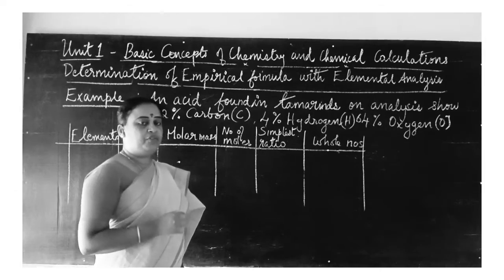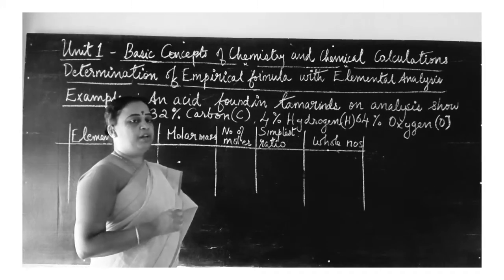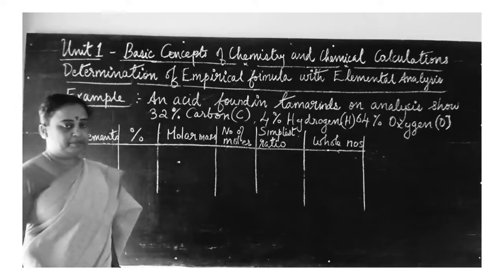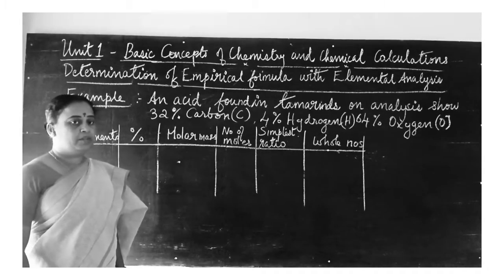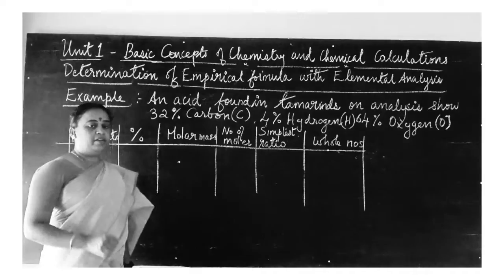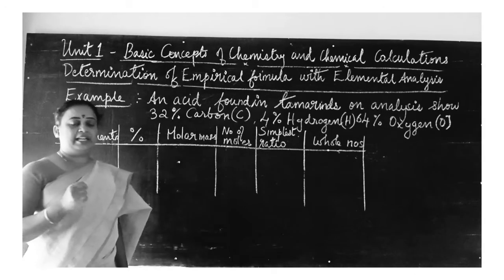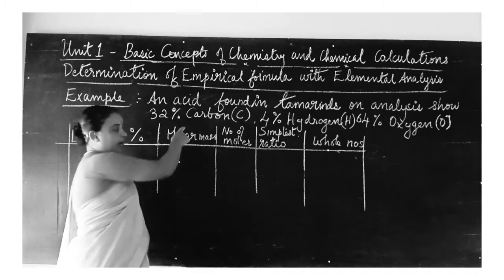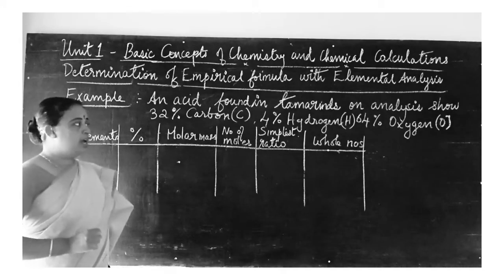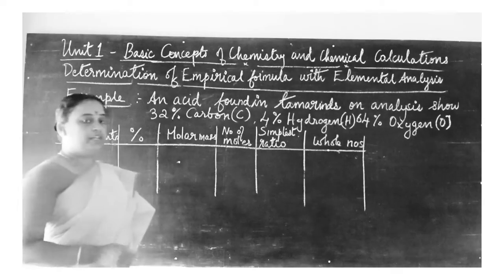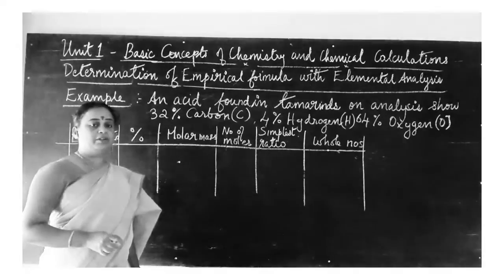We have to find the empirical formula for the acid present in tamarind. From the question it is well understood that this acid contains carbon, hydrogen and oxygen, and the percentage of each is also given.